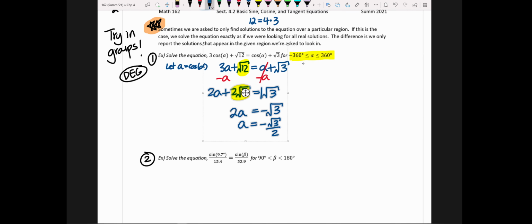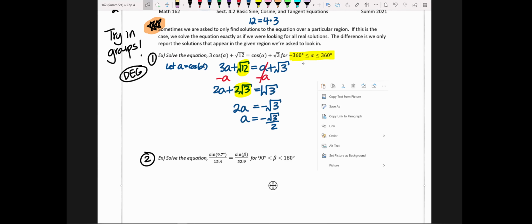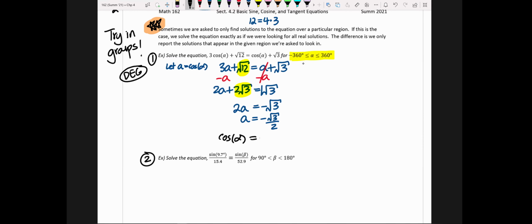Okay, so to fit it in, I'm going to have to shrink a little. And apple represented cosine of alpha. So cosine of alpha is negative root 3 over 2. We finished step 1. On to step 2.